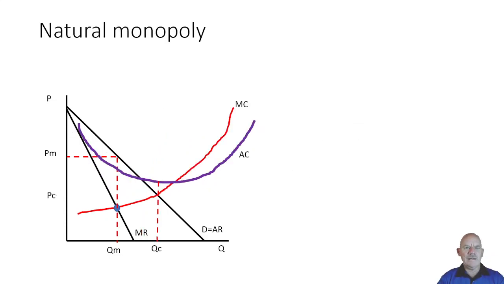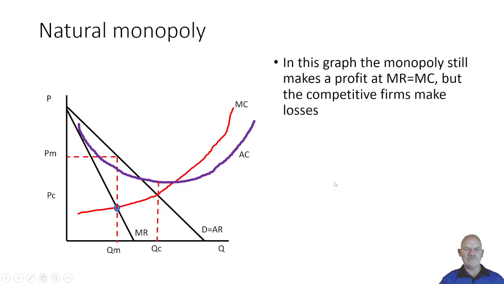So now we get to the concept of a natural monopoly. If you look at this graph, you should now see that the monopoly is still making a profit. So the monopoly is at QM. The average revenue is above average cost, but the competitive firm would make a loss in this case because the average cost curve is above average revenue.